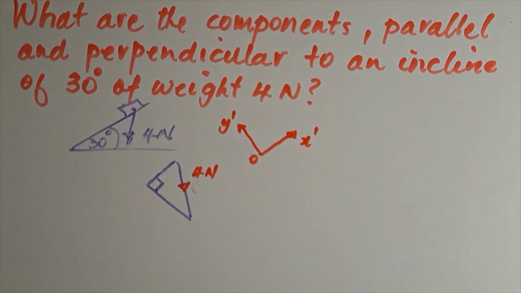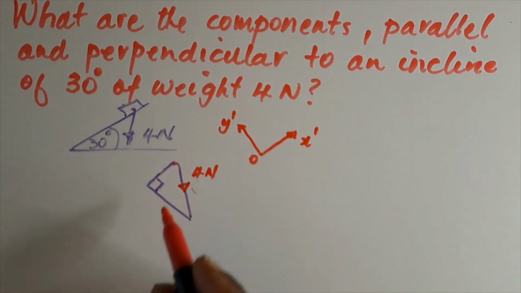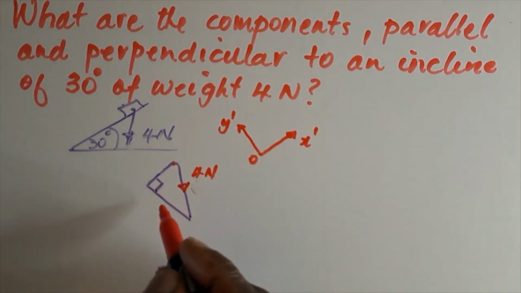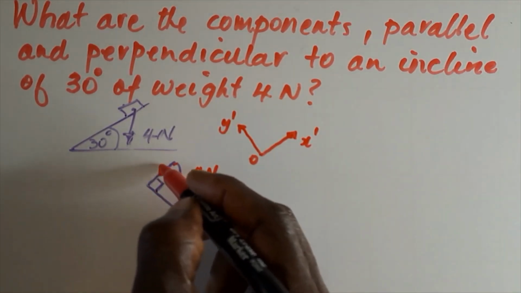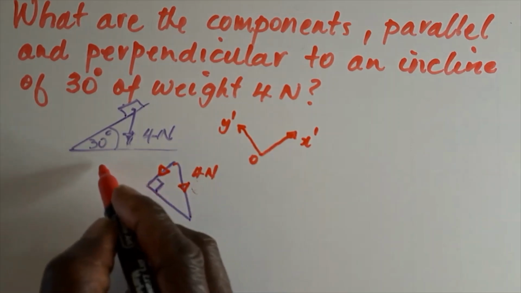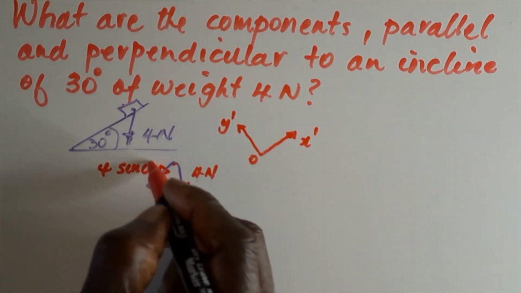Right, so we're going to resolve. So this will be resolved down the slope, and that will give us something in this direction, and this will be 4 sine theta.